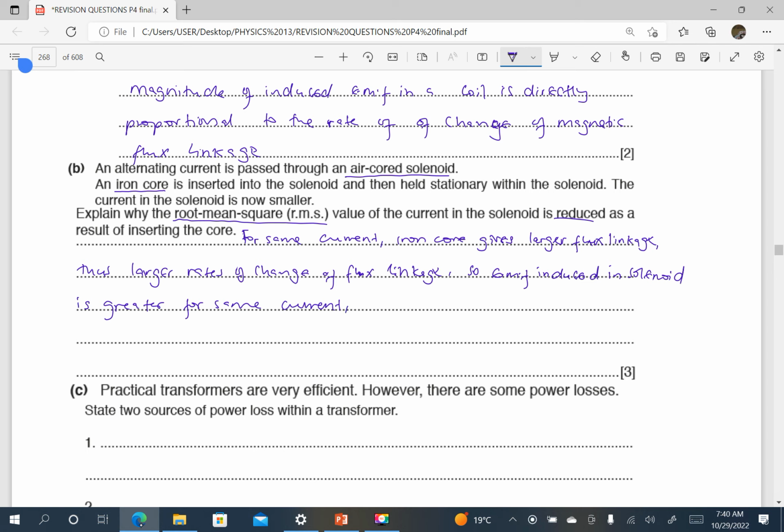The induced EMF, according to Lenz's law, which is now induced in the solenoid by the core, opposes the applied EMF.